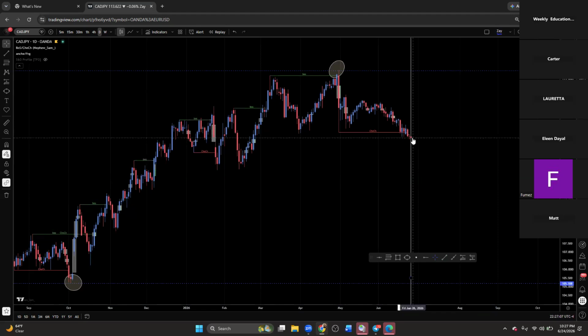The price is going up still, even though it broke the structure, but when we look at the trend line, it's still going up from the overall trend. Perfect. So what he stated was the price is still going up from where it first started.